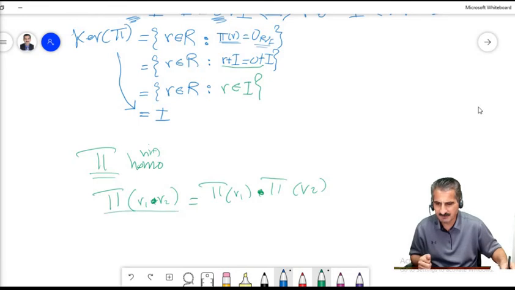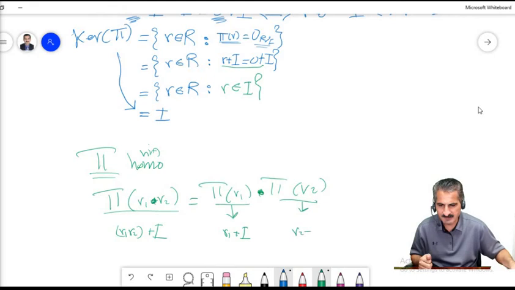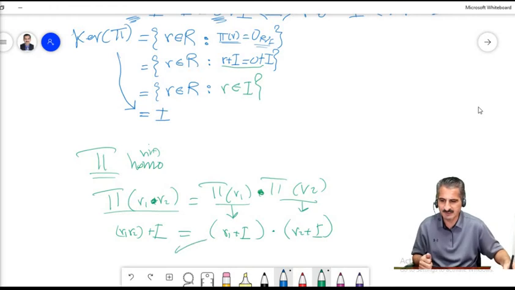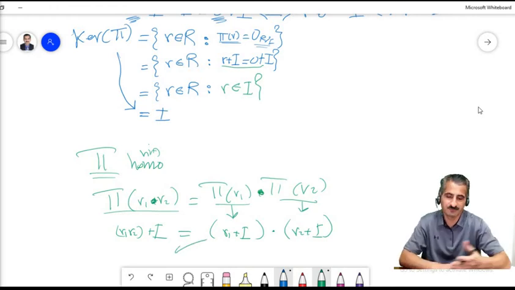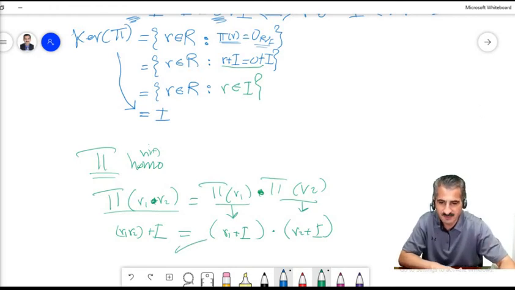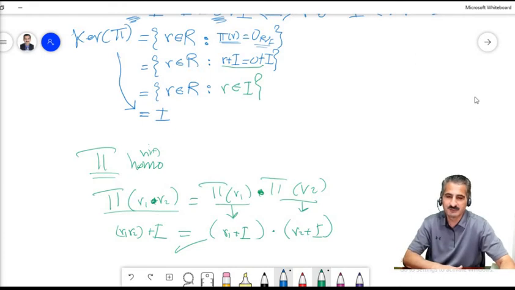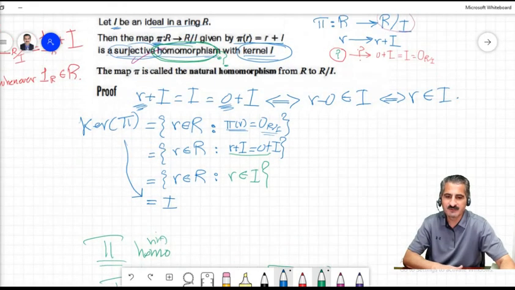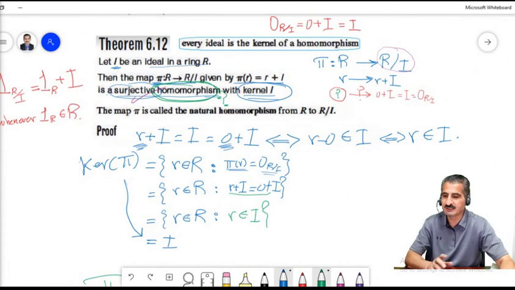This is r1 r2 plus I. What is that? This is r1 plus I times r2 plus I. Now we are saying we want to multiply these things and get that. Oh, but this is already the definition of multiplication of cosets. So pi is surjective, and so we have proved that every ideal is a kernel of some homomorphism.